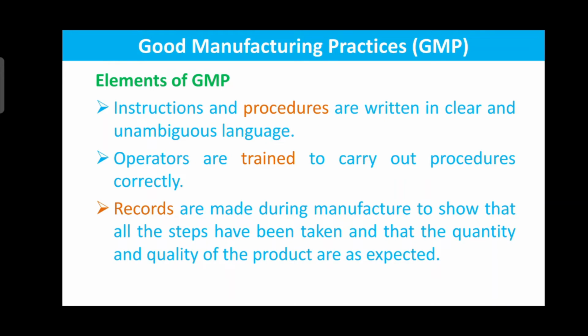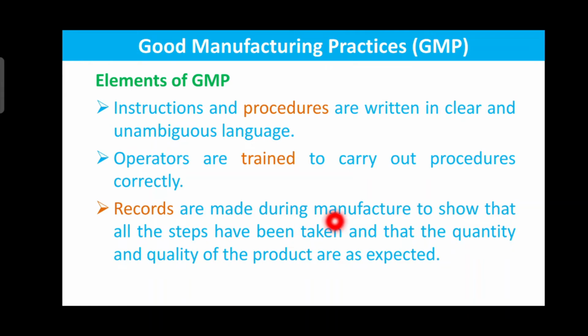Then the operators are to be trained before they carry out their manufacturing activities, to carry out the procedures correctly. Then it lays emphasis on records and documentation. That is an important principle of GMP, that any activity should be recorded. There should be a proper manner as to how that record is to be maintained and documented.